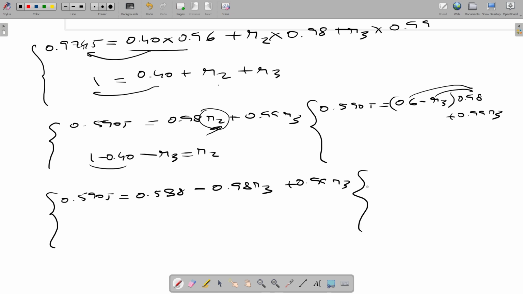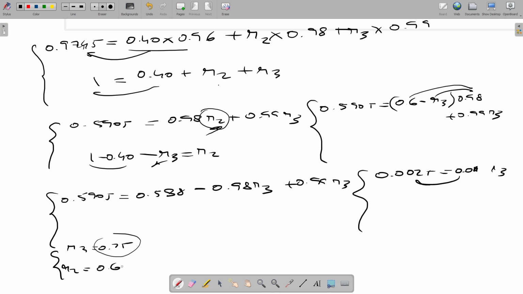So then you're going to get 0.0025 is equal to 0.01 M3. So you get this fellow over here, and we are going to get that M3 is equal to 0.25, and then when you substitute 0.25 here, because we already know the other one, we're going to get that M2 is equal to 0.6 minus 0.25, which is equal to 0.35.